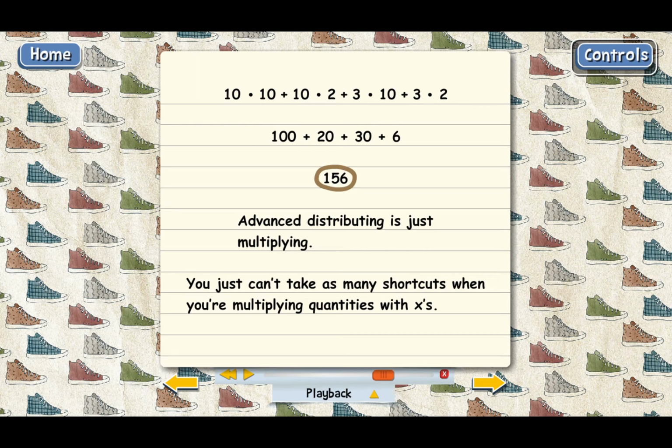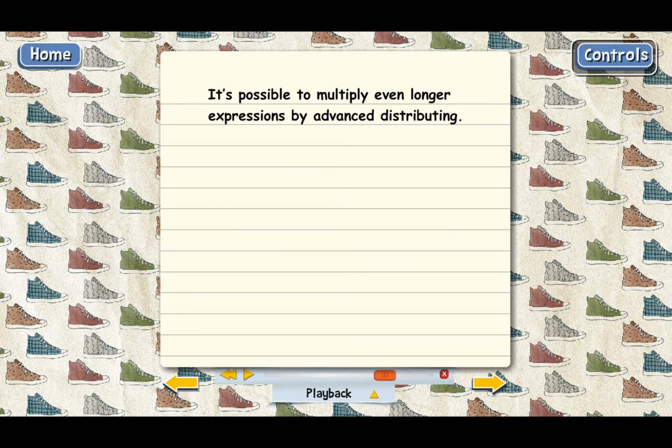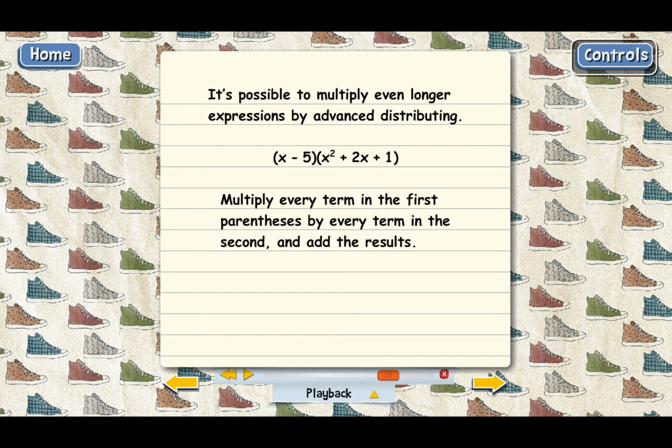And it turns out it's actually possible to multiply even longer expressions by advanced distributing, even longer expressions from algebra. Take a look at this one. See, this is pretty complicated, but all we have to do to advanced distribute here is multiply every term in the first parentheses by every term in the second and add the results. That's the basic method for advanced distributing.